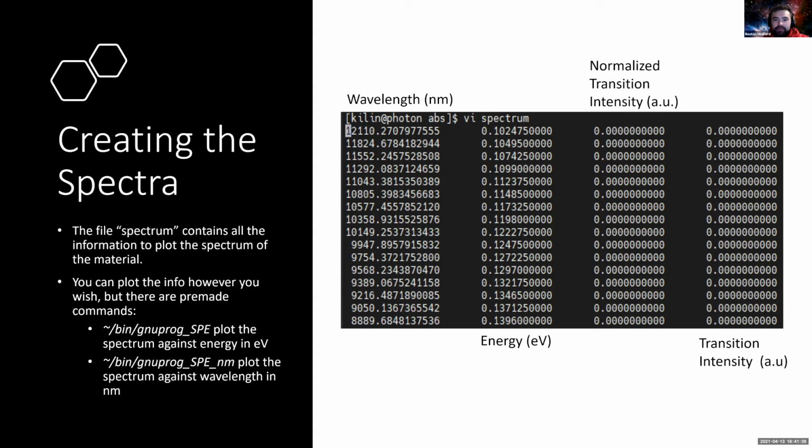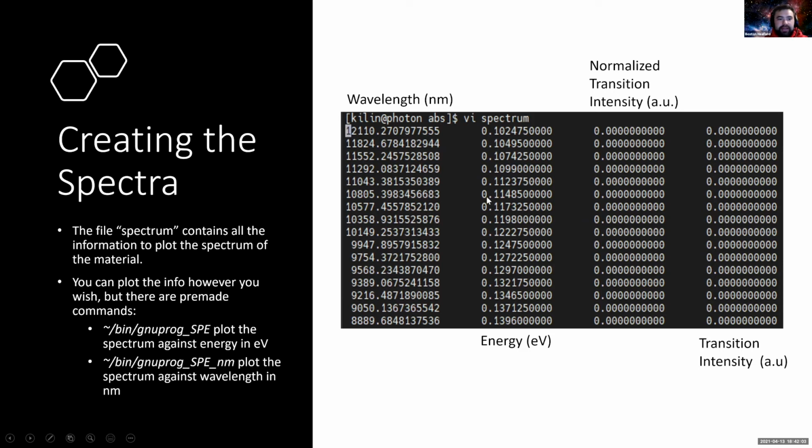And then the third column is just the normalized transition intensity, so it's going to go from 0 to 1, being the max. Whereas the fourth column is the transition intensity, but not normalized.